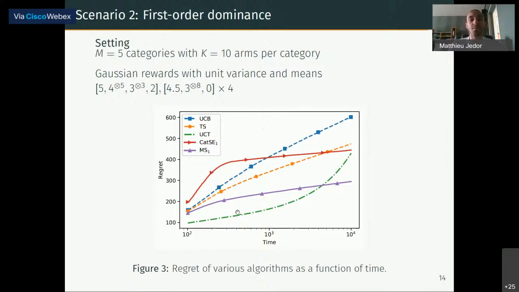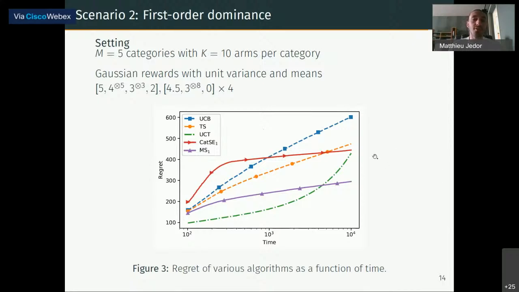So we compare the previously mentioned algorithms in this case. So we can see that the unstructured algorithms, the bandit algorithms, so UCB and Thompson sampling, are outperformed in this setting. And the UCT algorithm completely failed to converge to a good solution, while our algorithms have a great performance.